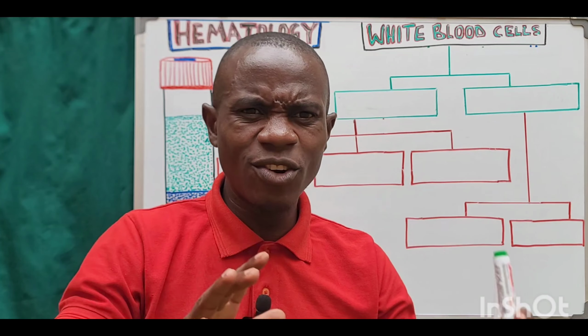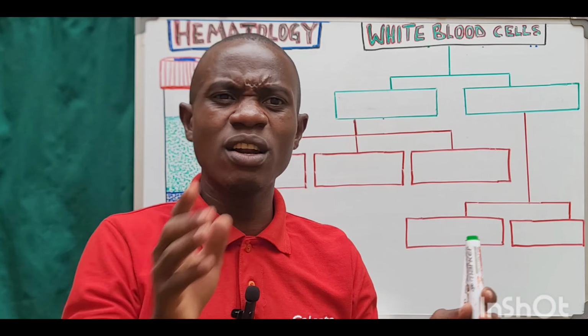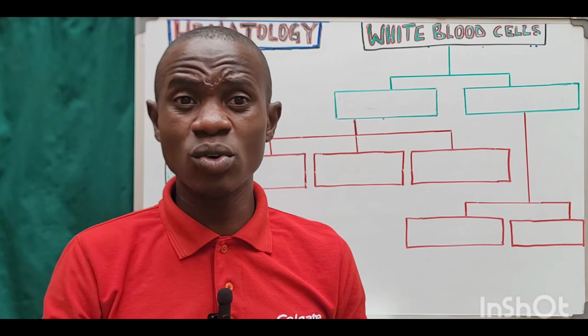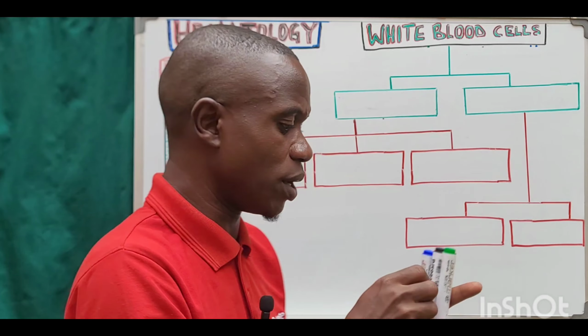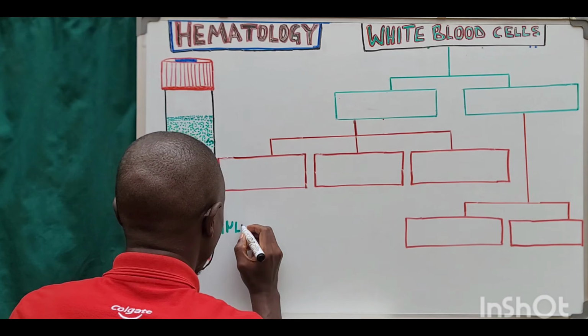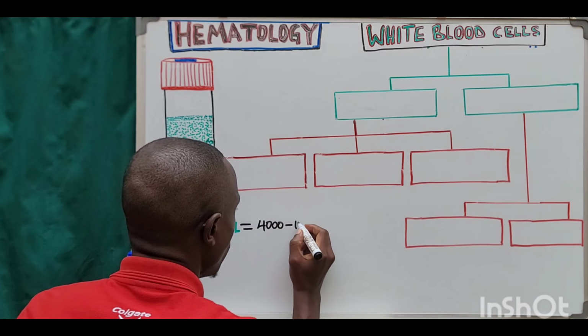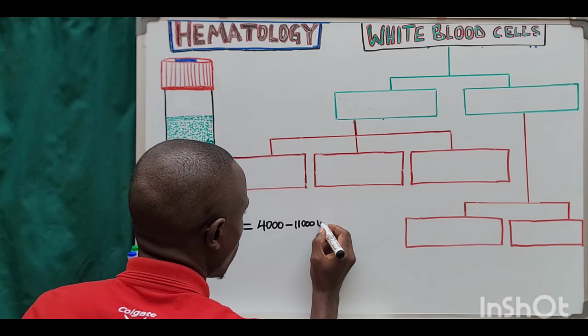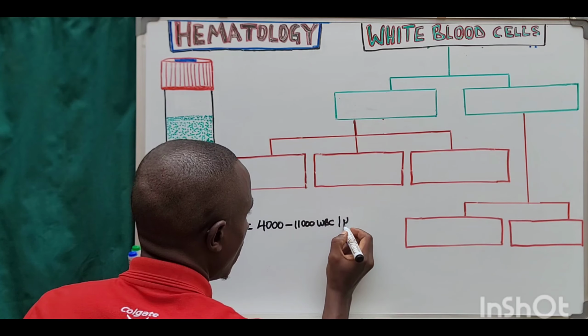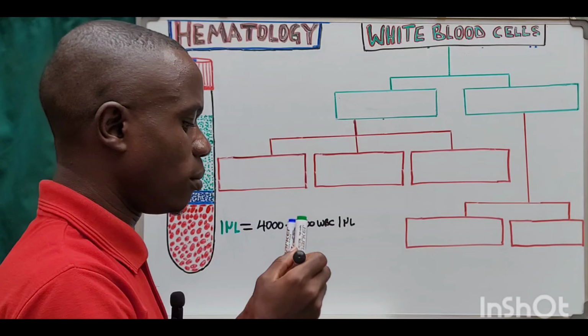It is generally a range, approximately 4,000 to 11,000 white blood cells per microliter. That's going to be the normal range.